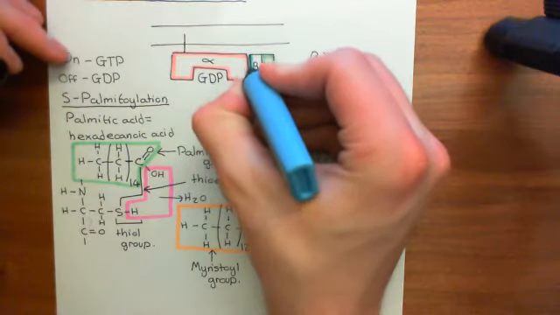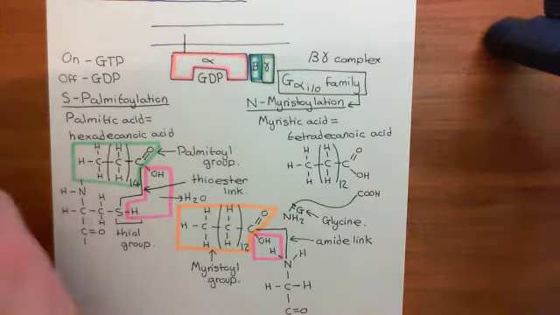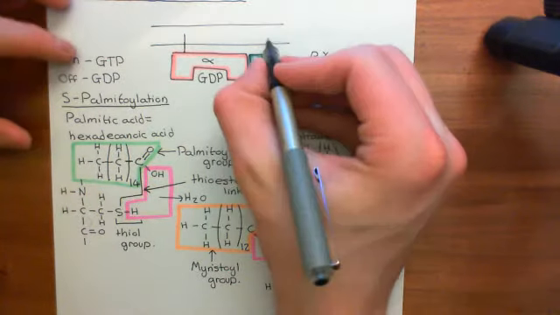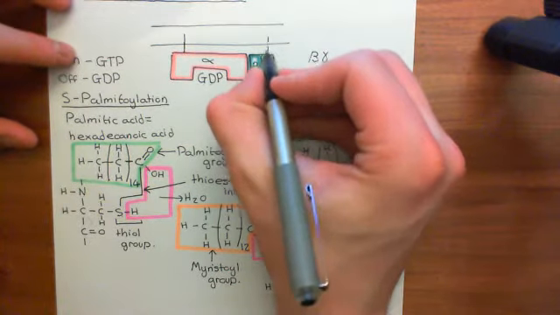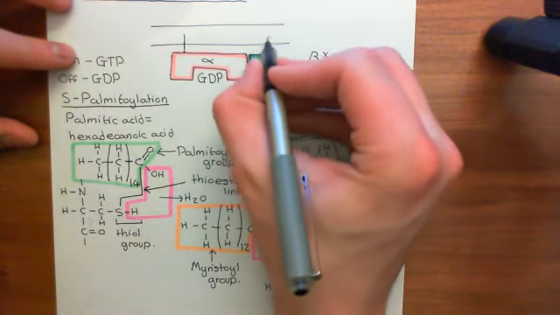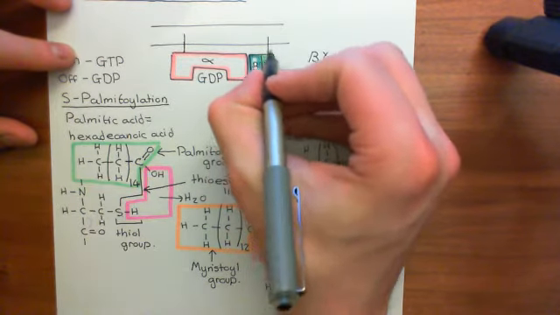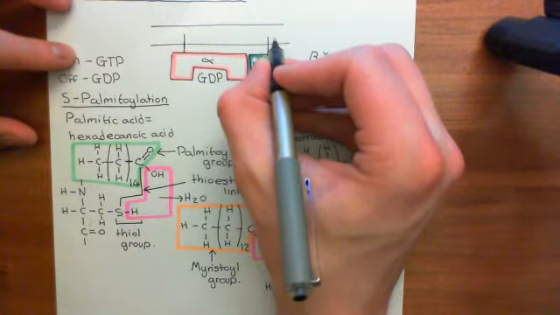Now, the beta-gamma complex also has a lipid moiety attached to it. Specifically, the gamma subunit of the beta-gamma complex has a lipid moiety attached to it, which sticks into the inner leaflet of the phospholipid bilayer, and hence holds the gamma subunit to the inner leaflet of the phospholipid bilayer.